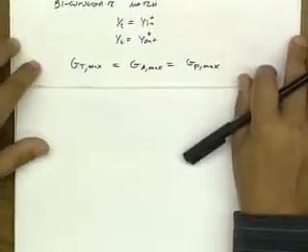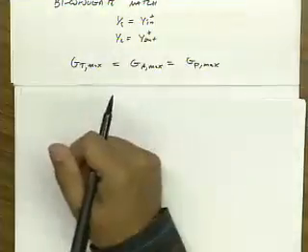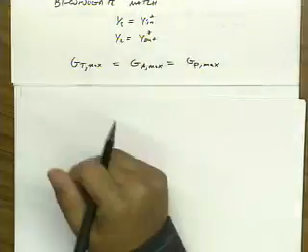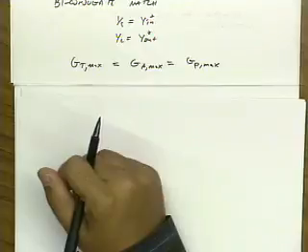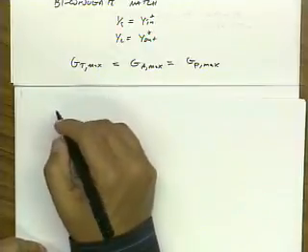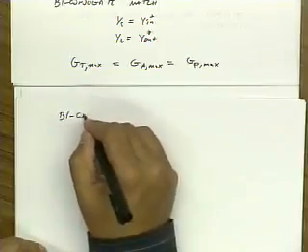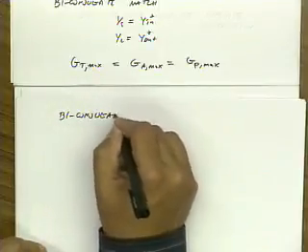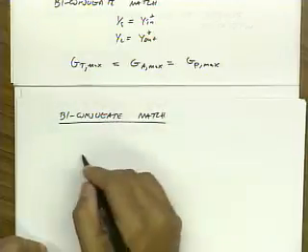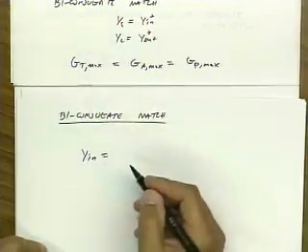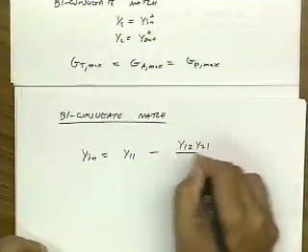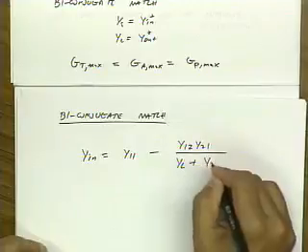So you can see now why we spent so much time defining these various gains, because it gave us a nice way to understand how to maximize the transducer gain. Now, there are several recipes for a biconjugate match, several ways of going about calculating this. The most straightforward approach is to say, I know what Yin is for a two-port. It's Y11 minus Y12 Y21 divided by YL plus Y22.